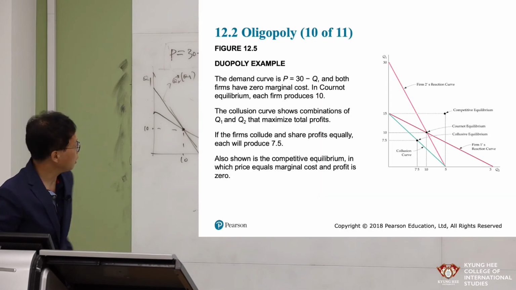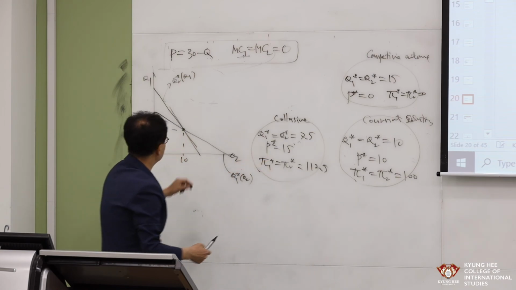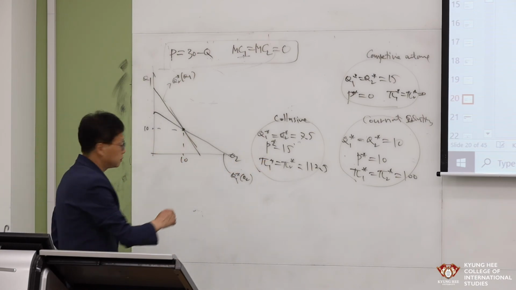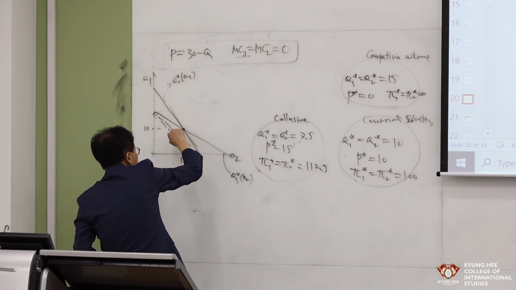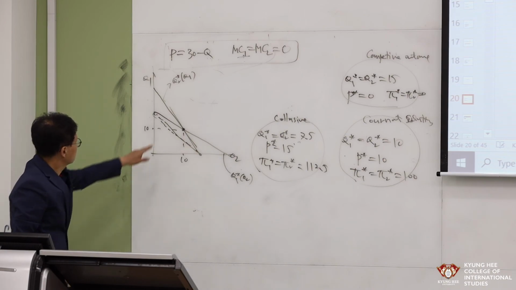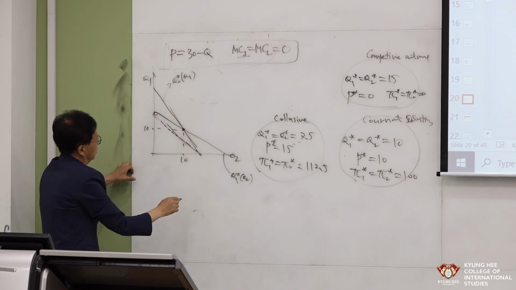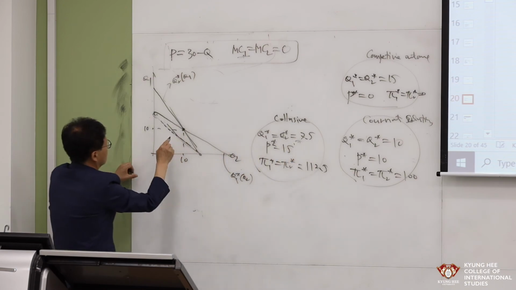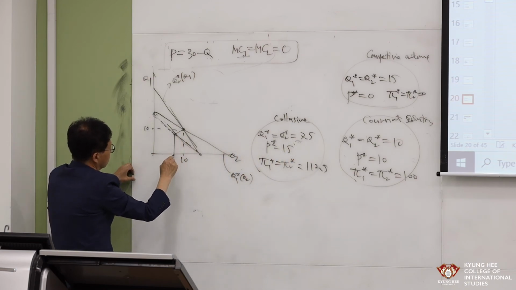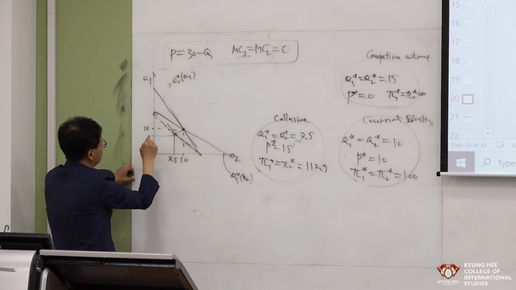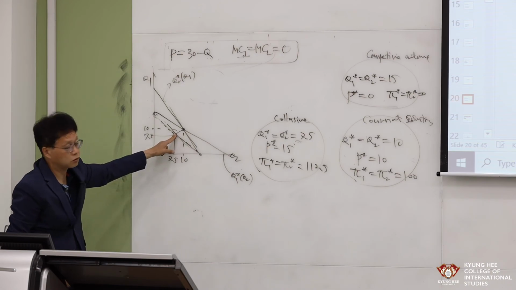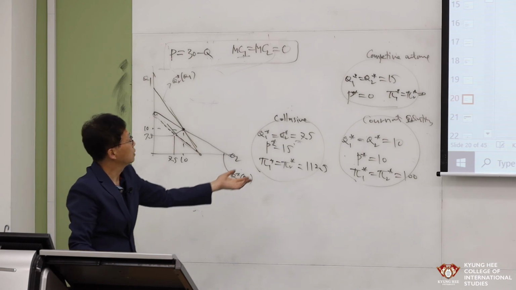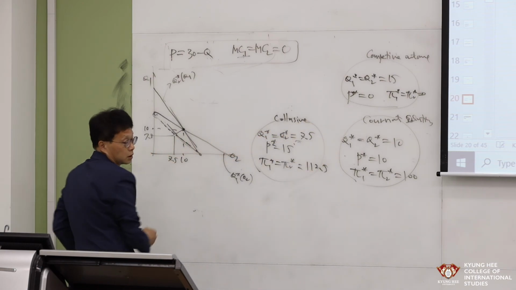right? And what is the collusive outcome? The collusive outcome, right, is this one. Now think about maximizing total profit when producing this one, right? So moving to this one. That is the collusive outcome, 7.5. Q2 and Q1 is 7.5. This one, that is the collusive outcome. Okay? And then what is the competitive outcome in this graph?